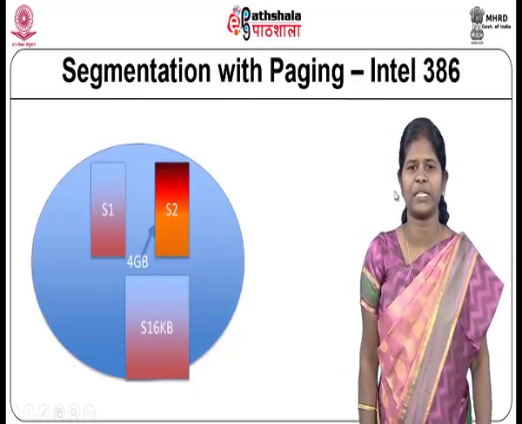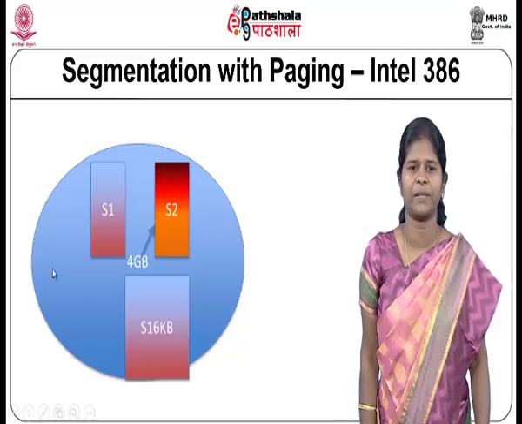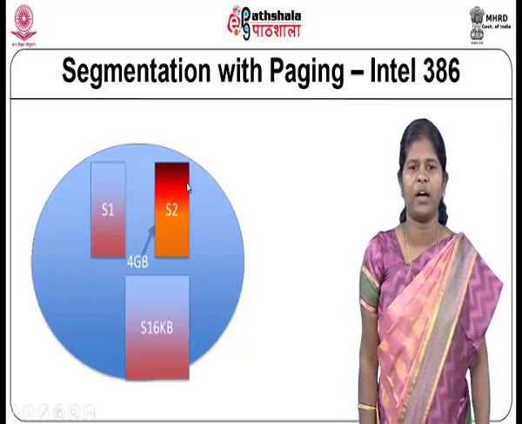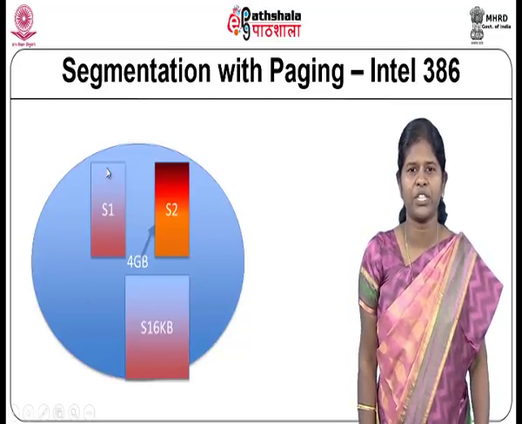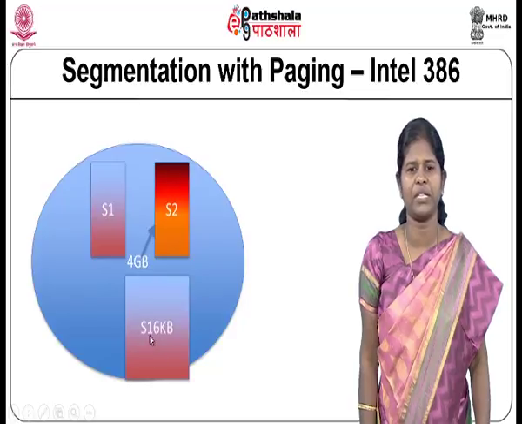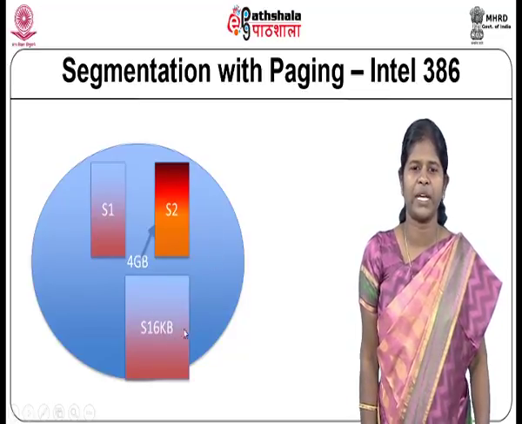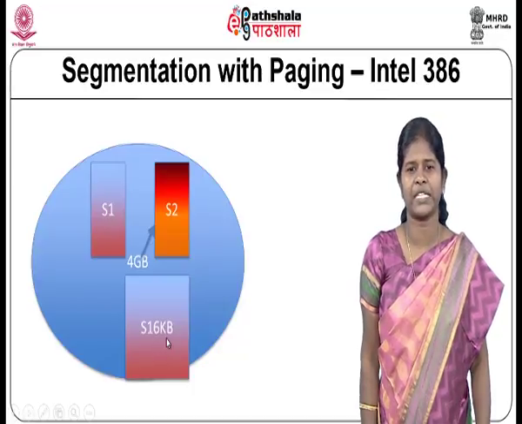Just look at this pictorial representation, which shows that the blue colored thing is the whole process, and it comprises a number of segments. I have just shown segment 1, segment 2 and so on. You can have so many such segments, 16 kilobyte segments: S1, S2, S3 up to S16 kilobyte.